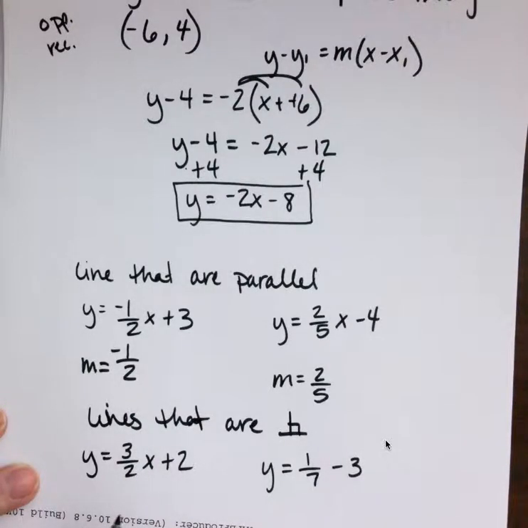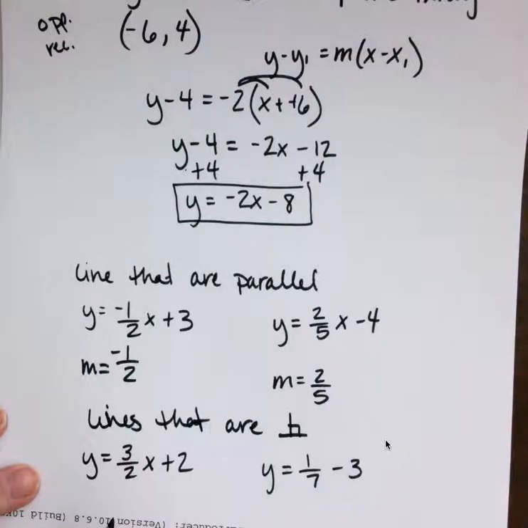So push pause and try and find it on your own. All right, we're back. Your slope that's going to have an opposite reciprocal of 3/2 is going to be negative 2/3. Opposite, reciprocal. And if I needed to find the slope of a perpendicular line to this equation, opposite, it's going to be negative, and then the reciprocal is going to be 7/1, or just 7.